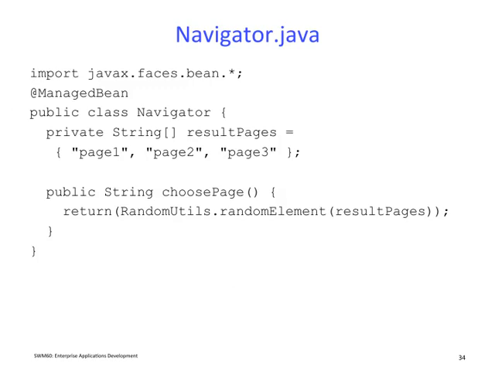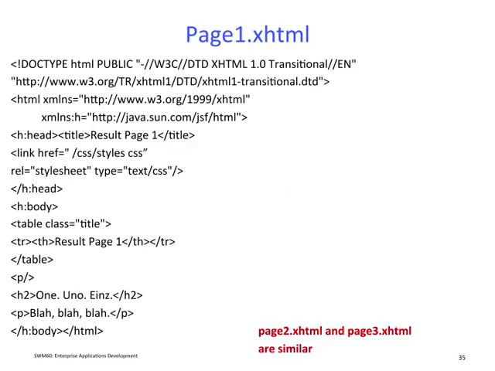So the method choosePage calls random, refers to the random utilities class, and picks random elements of the result page array. So whatever gets returned, that page will be shown to the user. And we said there will be page1, page2, or page3.